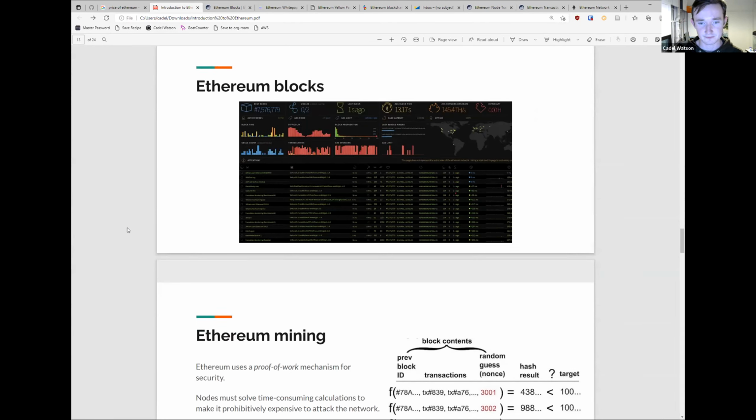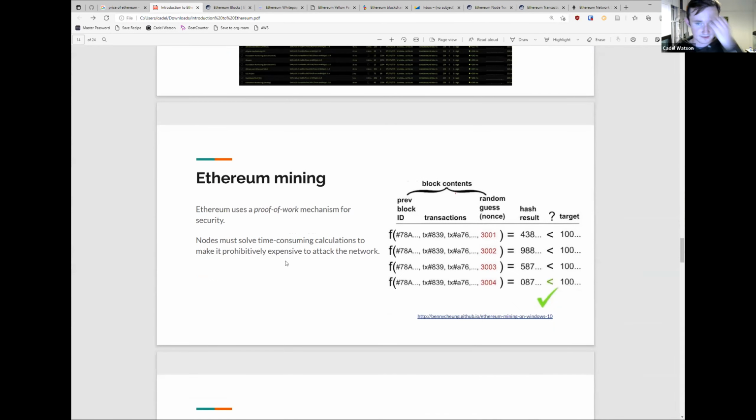There's some other useful stuff. Now, hopefully you remember we talked a lot last week about proof of work as a consensus mechanism. And this is what secures Bitcoin. It's also what secures Ethereum. So the network is secured by computing power, raw computing power. And it works just like Bitcoin.